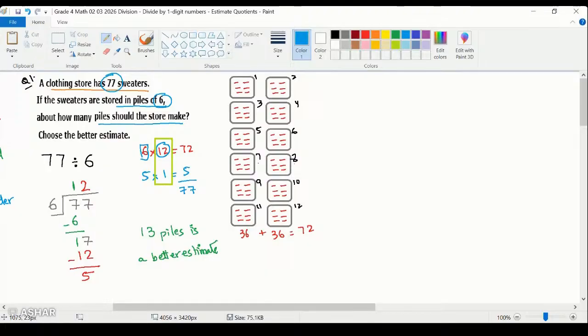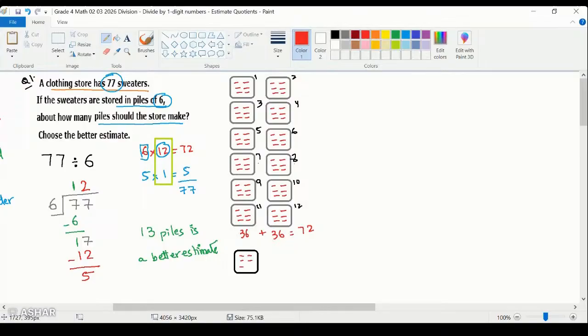Agreed? So the remaining 5 sweaters would be arranged in the last pile. The last pile will have how many sweaters? 1, 2, 3, 4, and 5.